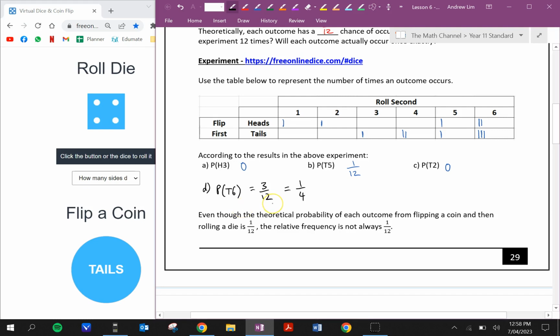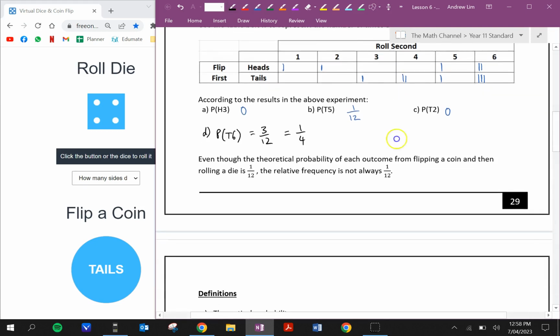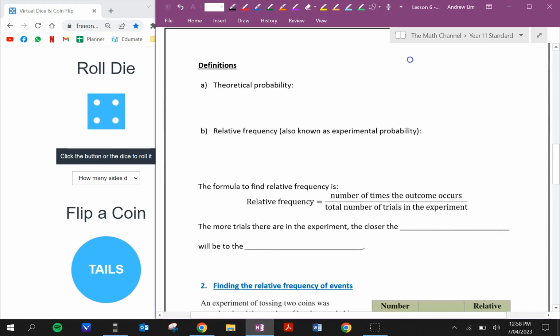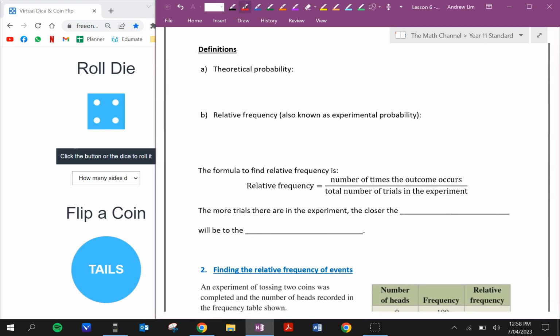So even though the theoretical probability of each outcome from flipping a coin and then rolling a die is 1 out of 12, the relative frequency is not always 1 out of 12. So what is the difference? Okay, so let's have a look at some definitions. The theoretical probability is what the probability should be in theory.